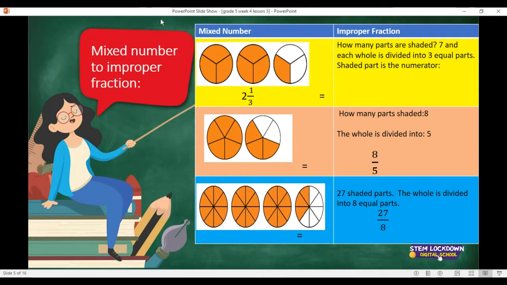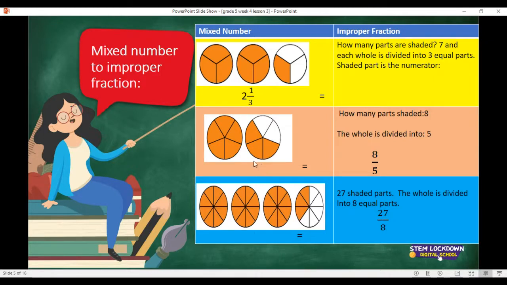We check into how many pieces the whole is divided. If we check here, our whole is divided into 1, 2, 3, 4, 5 pieces. Even here, our whole is divided into 5 pieces. So our denominator is going to be 5, irrespective of how many wholes we have.